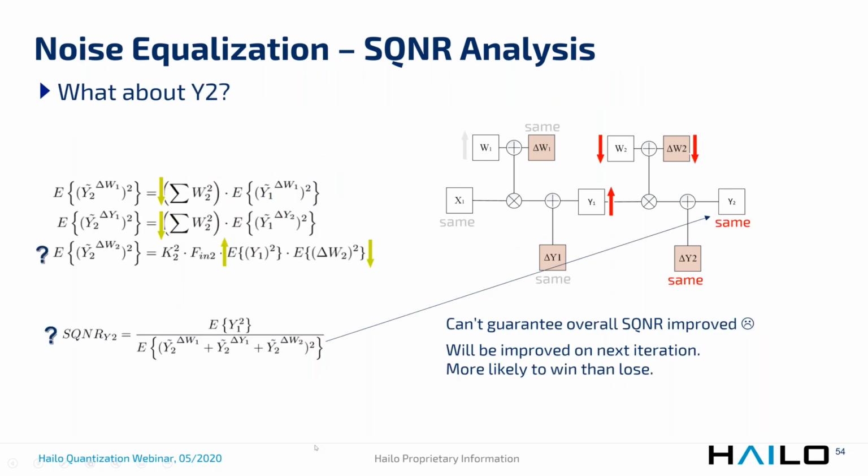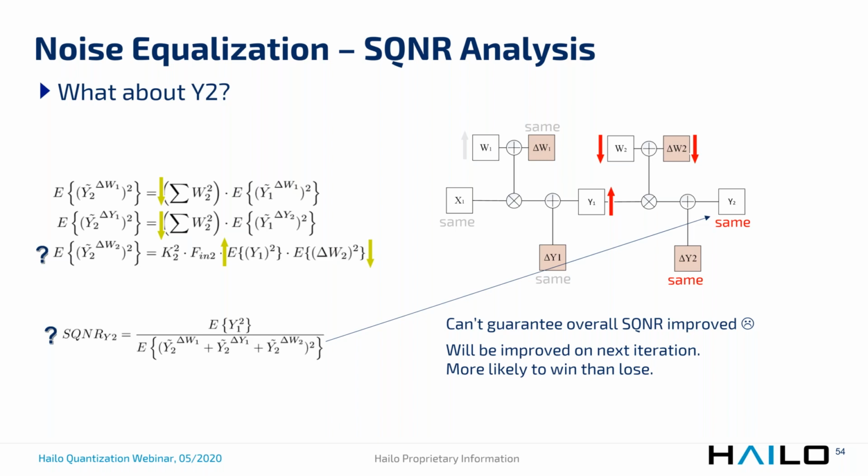How about the second layer, the one that's being inversely scaled? So sadly, here, the story is more complex because we attenuate the weights. So the noise term, delta W2, is smaller, but we've increased our signal. And though it seems that increasing our signal is a good thing, we also have to remember that the noise term appearing in the quantization is a multiplication of the signal and the noise of the weights.